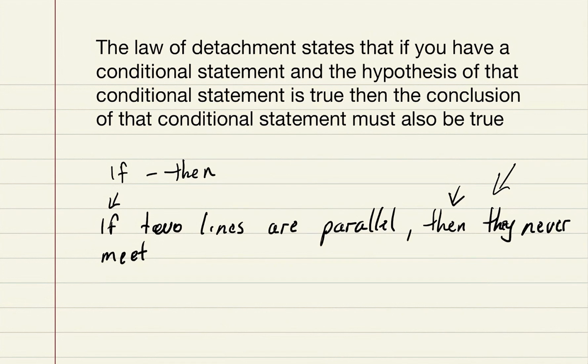Now, the second part is the hypothesis. The hypothesis is: if two lines are parallel. So if this is considered to be true, so if the hypothesis of the conditional statement is true, then we can say that the conclusion is also true.